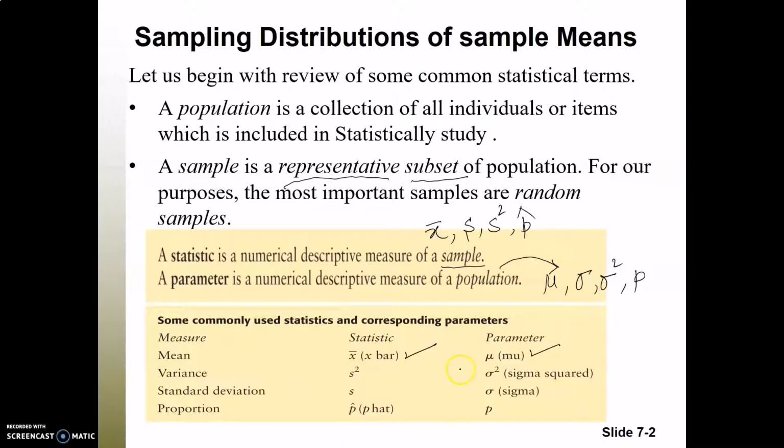If we want to estimate the population standard deviation, then we use a sample standard deviation, right? And if we want to estimate the population proportion, we use the sample proportion p hat. This is read as p, and this is p hat. It's written here, p hat. Okay, I hope these concepts are very clear to you. These notations and concepts must be very clear in order to understand this particular chapter.